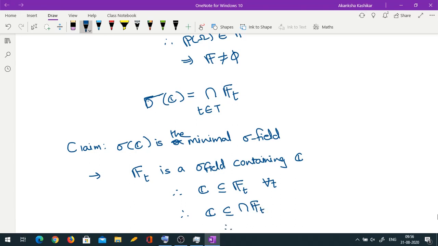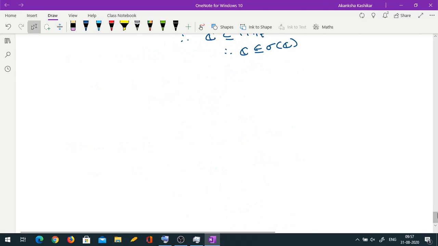Okay, therefore C is a subset of sigma C. So we have proved that sigma C contains C. That much we have proved. Okay. Now we have to prove that it's a sigma field. What we know is every F_t is a sigma field.